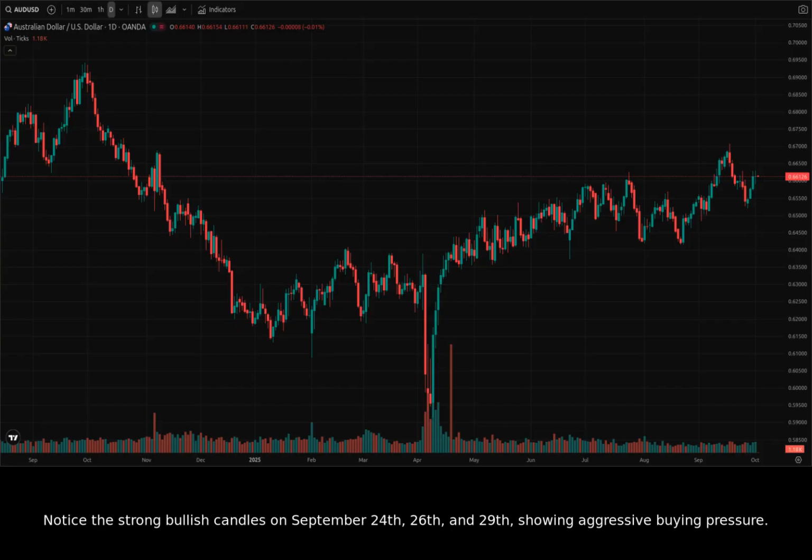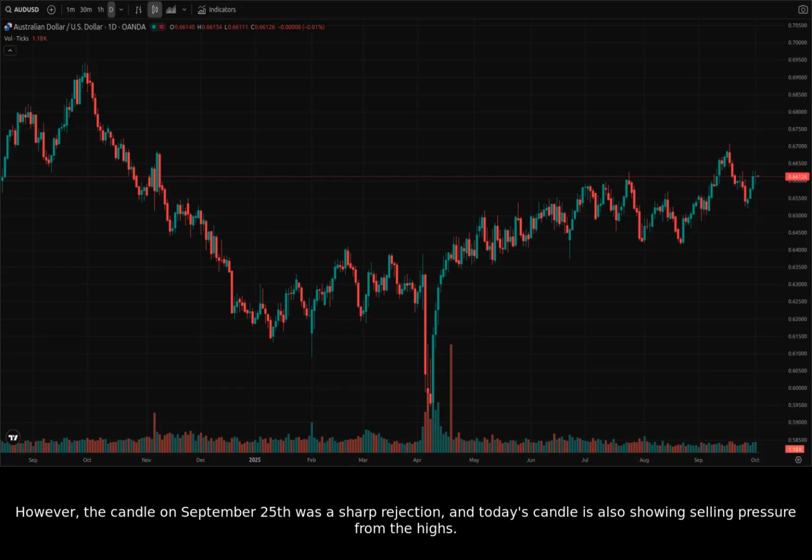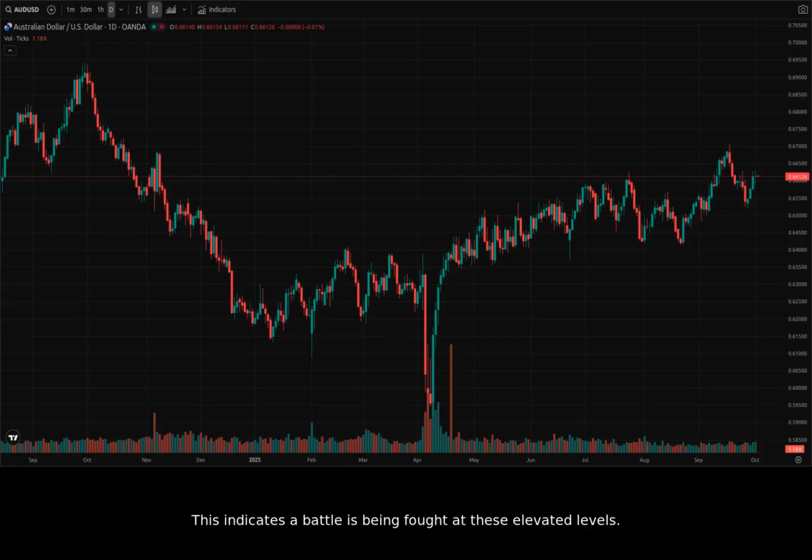Notice the strong bullish candles on September 24th, 26th, and 29th, showing aggressive buying pressure. However, the candle on September 25th was a sharp rejection, and today's candle is also showing selling pressure from the highs. This indicates a battle is being fought at these elevated levels.